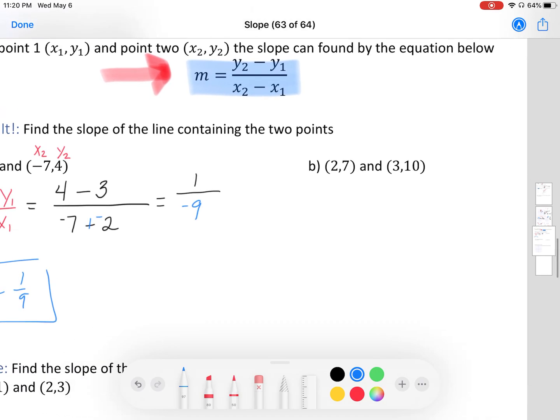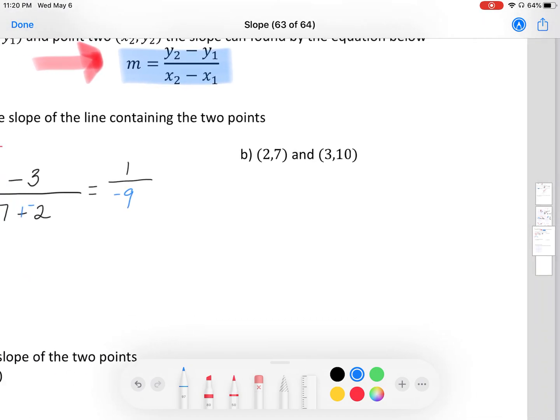All right, let's go ahead and do B. Just like before, I need to label my points. So I have x1, y1, x2, y2. And let's write my formula. M is equal to y2 minus y1 over x2 minus x1.